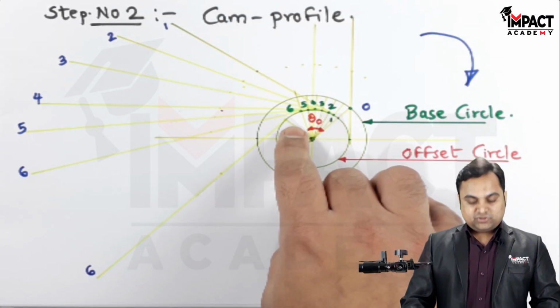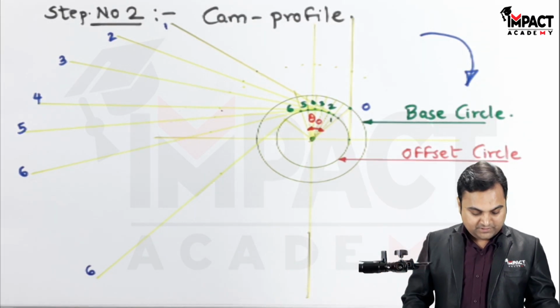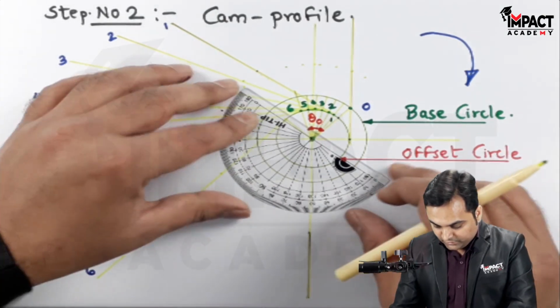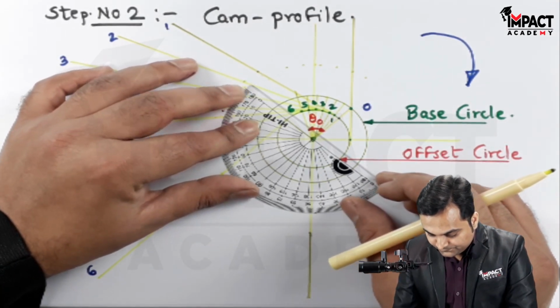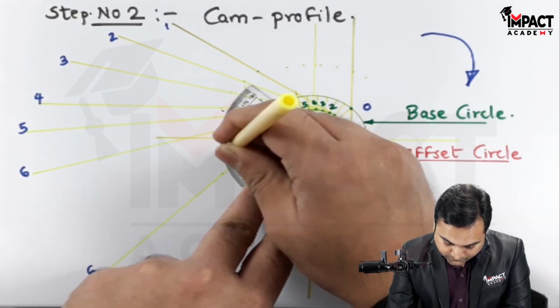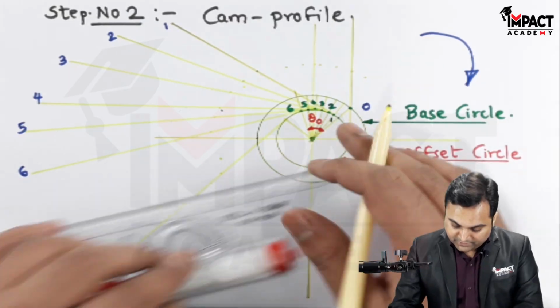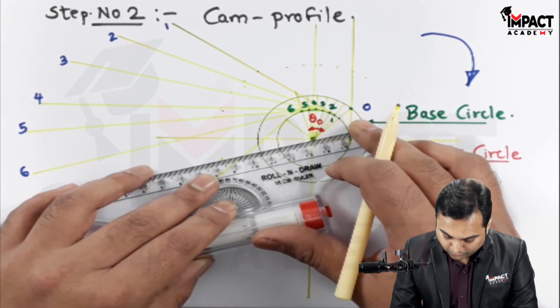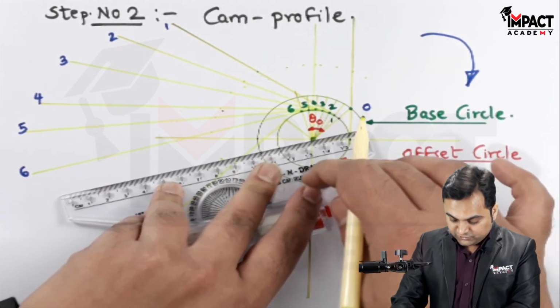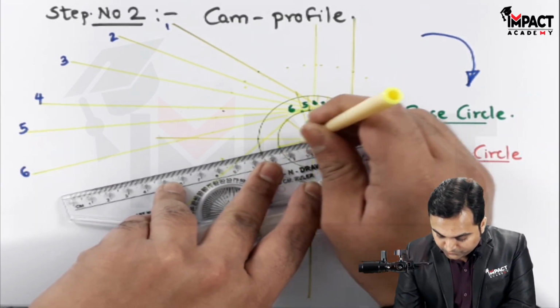Now after showing this dwell, there is a return stroke of 60. So measuring the angle 60 where the dwell ended in an anti-clockwise sense. And remember that angle, keep it only up to the offset circle, because if there are too many lines that will lead to a lot of confusion. So only up to the offset circle.